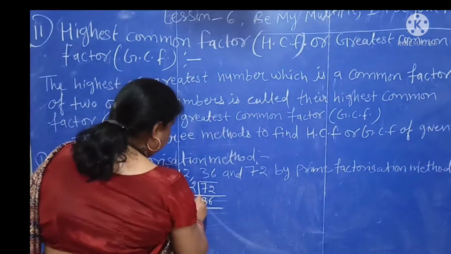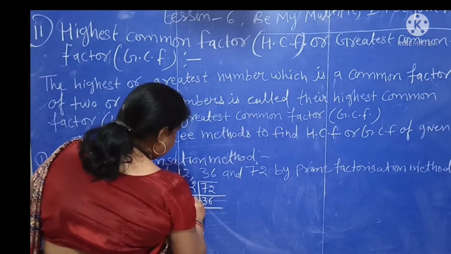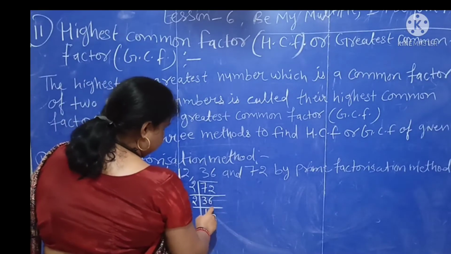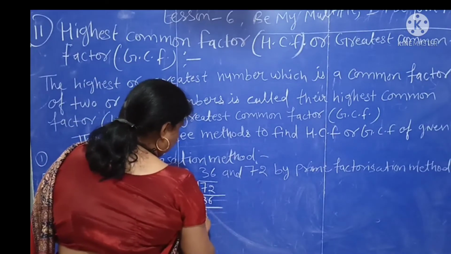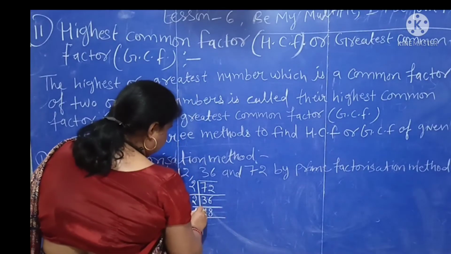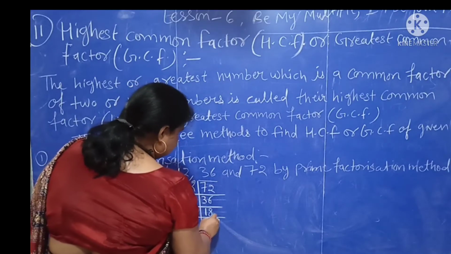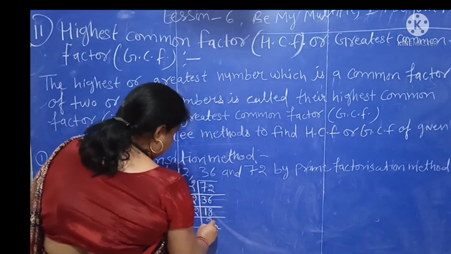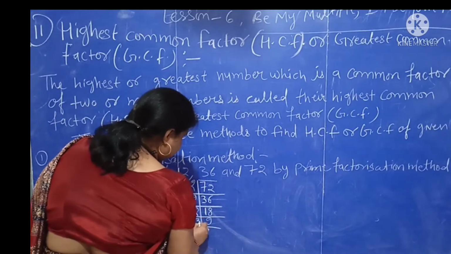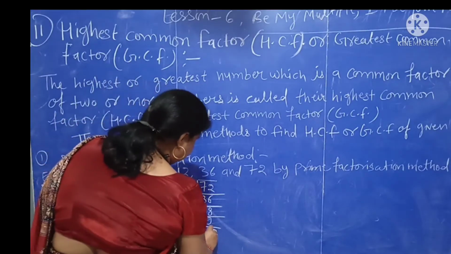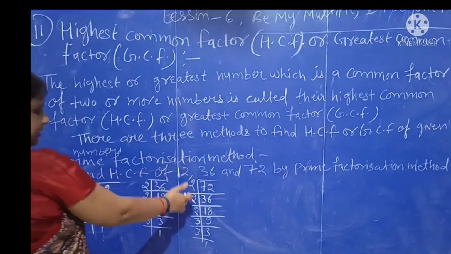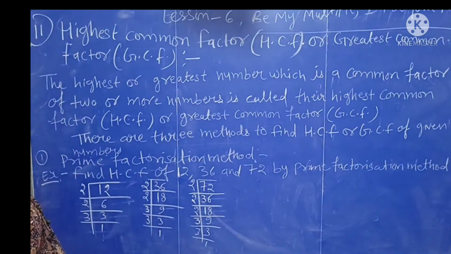So we take again 2 as a divisor. 2 1s are 2, 1 remaining, here will be 16. So 2 8s are 16. Here is 18. We take again 2. 2 9s are 18. 9 is not divisible by 2. So we take next prime number 3. 3 3s are 9. Here is 3. 3 1s are 3. So here are the factors of 72.